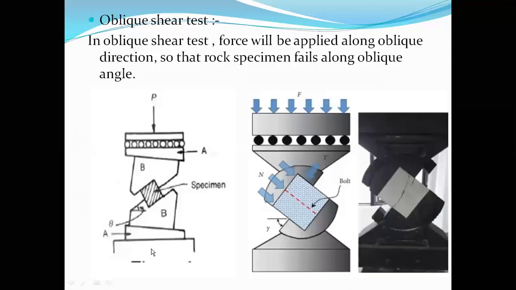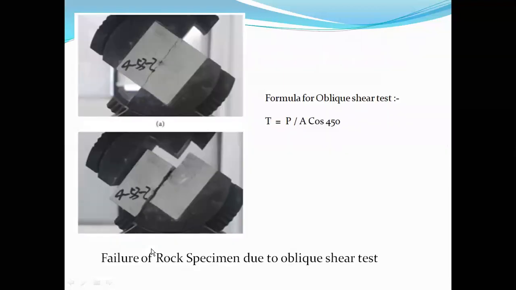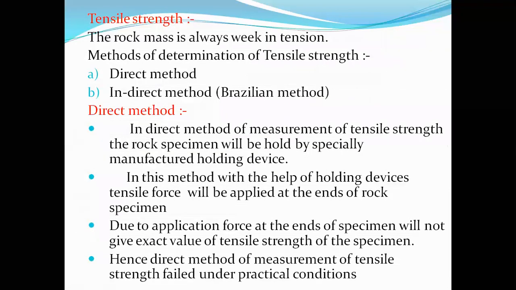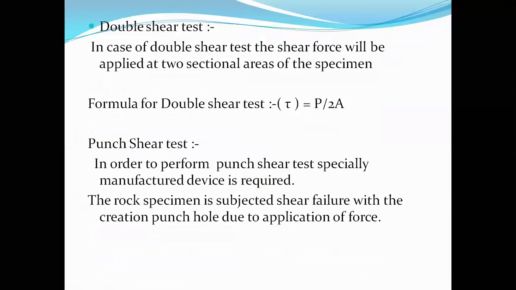That's why cos 45 degrees. This is the formula we use for the oblique shear test of the specimen. So these are the four different types of determination of shear strength of the rock specimen.